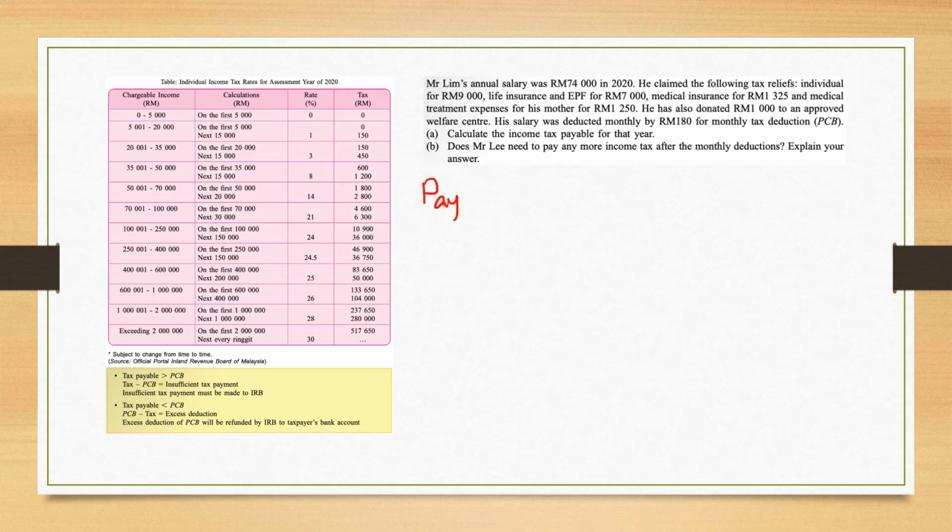Payable income tax would be RM 2,490 ringgit and 50 cents. Now it says here that our monthly deduction of 180 ringgit is the monthly tax deduction figure, your PCB figure, but this is only monthly, so we actually have to times 12 first.